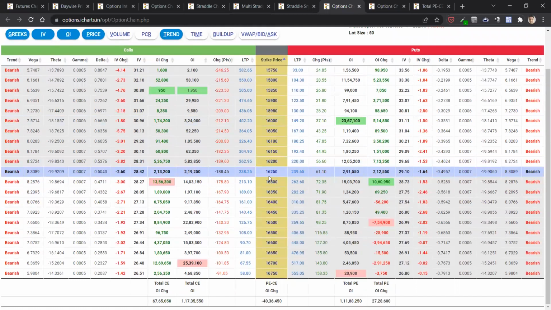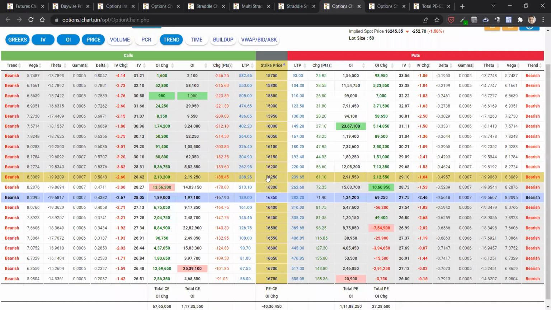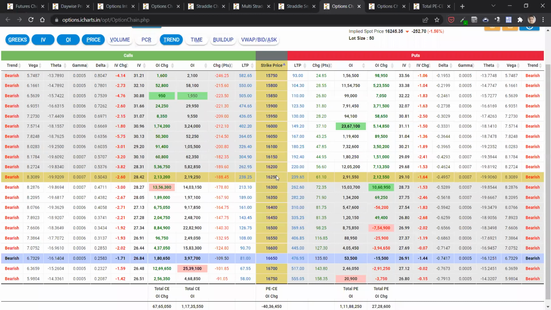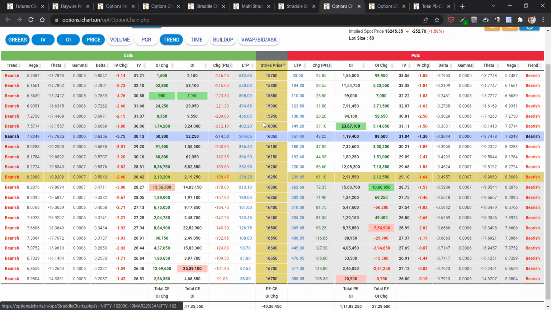So say 500. You have to be 500 away from this, 500 away from this, because that is the range being predicted by the straddle until March expiry. That is 10th expiry. So on 10th, 500 points up and down. So 1000 points range is being predicted because the volatility is more at the moment. That is what this is indicating.